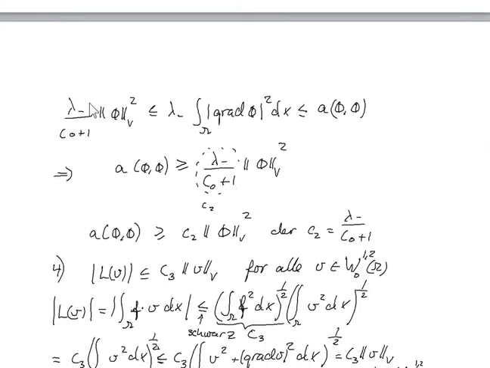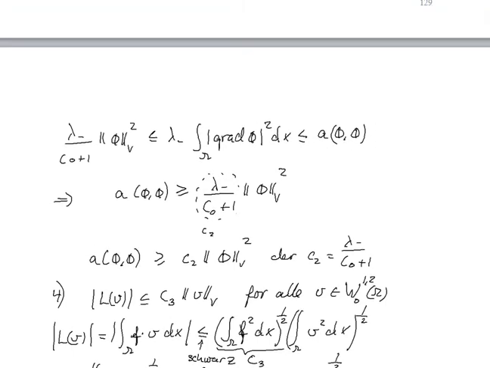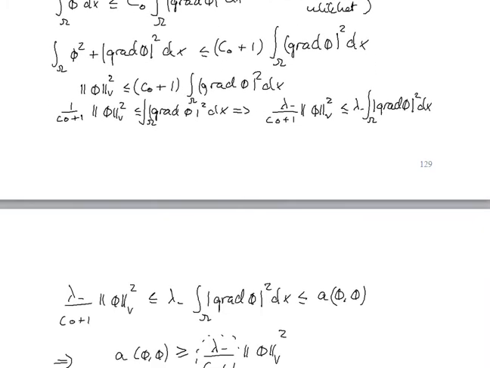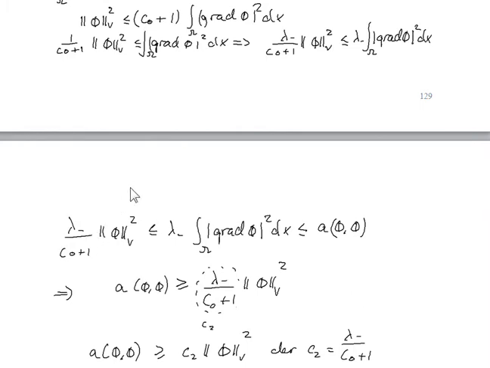We just write this once more, and we know from above that this is in fact less than a of phi phi. Let's go back just to assure you about this. So here we have that this is less than a of phi phi. So when we have a lower estimate of this, we now conclude that this must be less than a of phi phi.